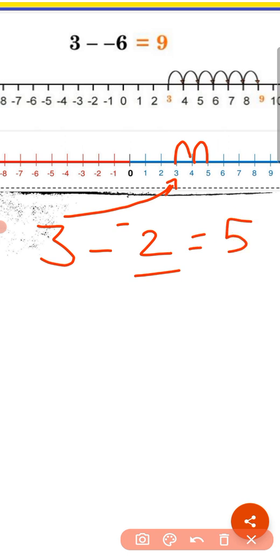Our next question is 4 minus 7. Children, here we are subtracting a positive integer. 4 and 7 are positive. So first you locate 4.